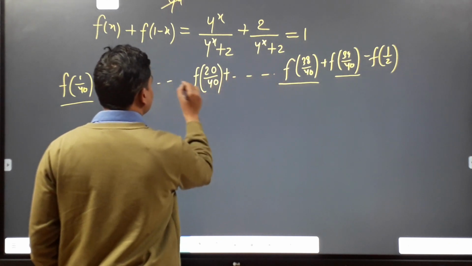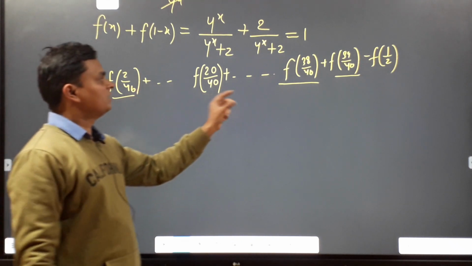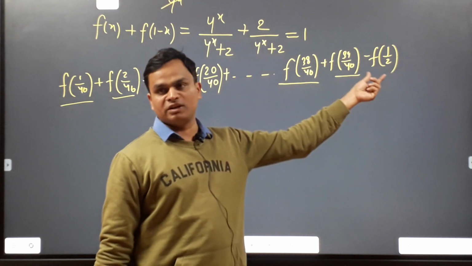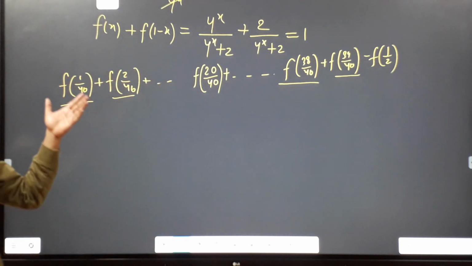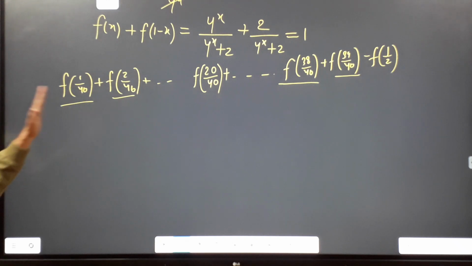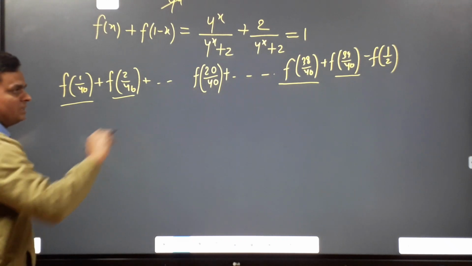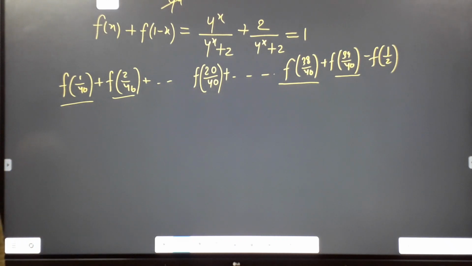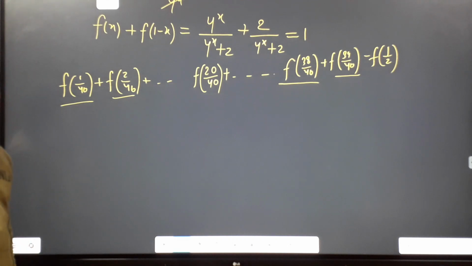Now if you simplify f(20/40), it is f(1/2), and just to counterbalance it, there was an odd expression given at the end, minus f(1/2). While first watching this question, it seemed odd why it was subtracted, but now we know it had a particular reason. So what will be the sum? You will get 19 such pairs whose sum is equal to 1, you may try it on your own.